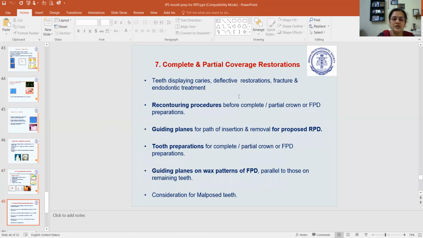Complete or partial coverage restorations. In day-to-day clinical practice, teeth displaying caries, defective restorations, fracture or endodontic treatment may require a crown.